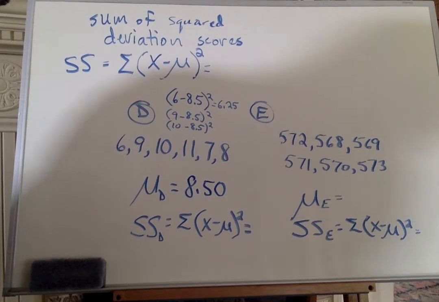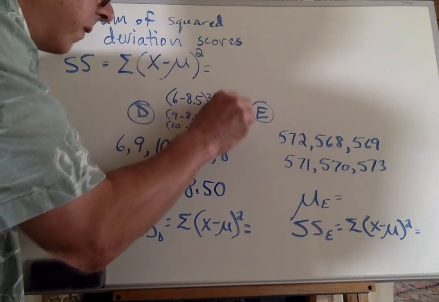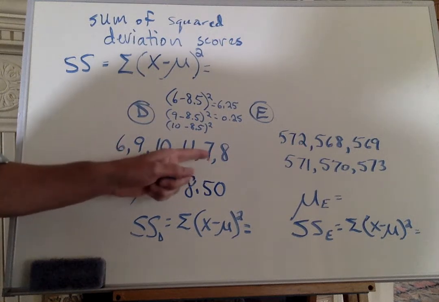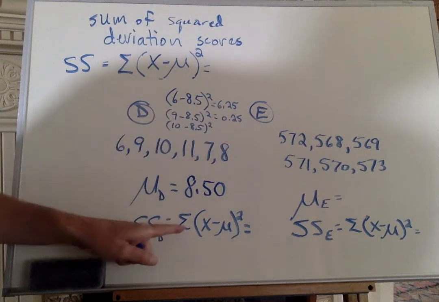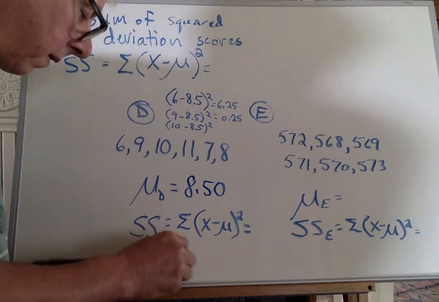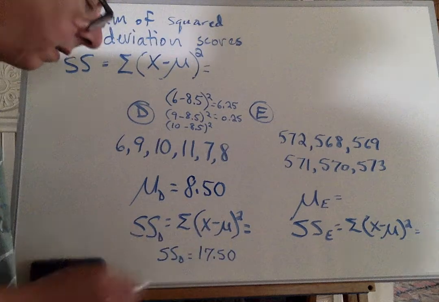We're going to square that. So that's 0.25. Okay. And so on and so forth for each of these numbers. Then we're going to add these together. So the sum of squares then is 17.50.